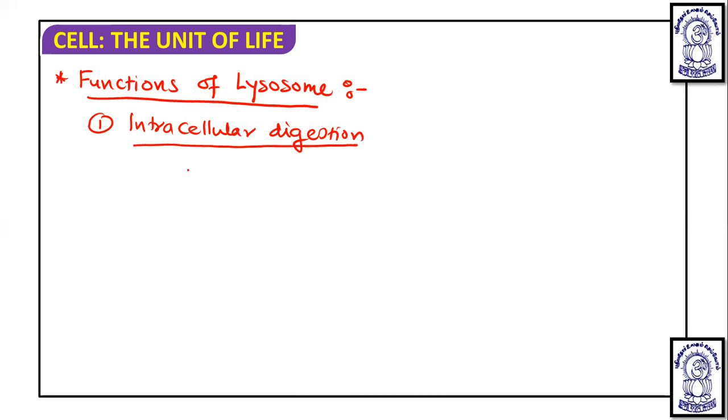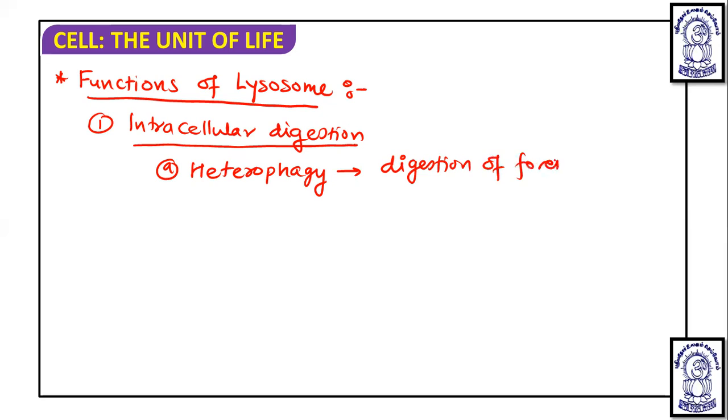That is the digestion within the cell. And it is of two types. A is heterophagy. Heterophagy is about digestion of foreign material. And obviously the foreign material that comes within the cell, which is going to be digested by the lysosome, is taken within the cell by phagocytosis or pinocytosis.